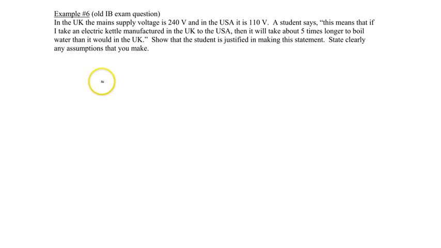And so what you're asked to do is show that the student is justified in making this statement. Basically, that is a correct statement. And you need to state what assumptions that you've made.